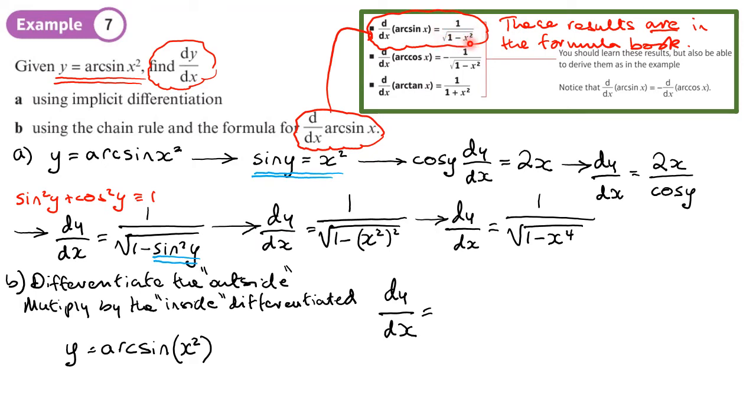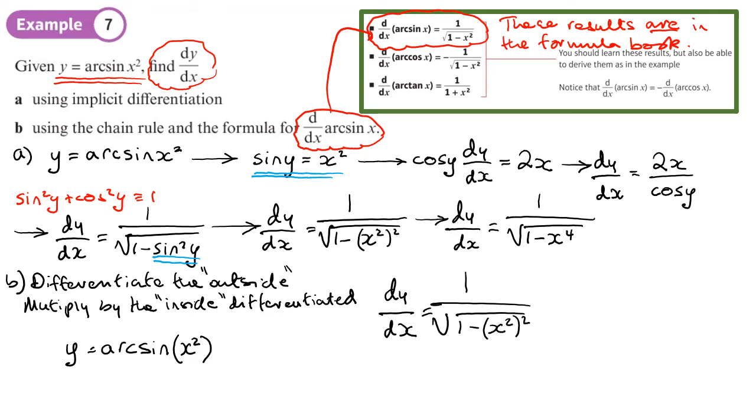Now we need to be careful because whatever's here becomes x squared. So if this was arcsine 2x, it will be 2x all squared. Now since we have arcsine x squared, the x that's here needs to get replaced with x squared. So 1 over square root of 1 minus x squared, squared.